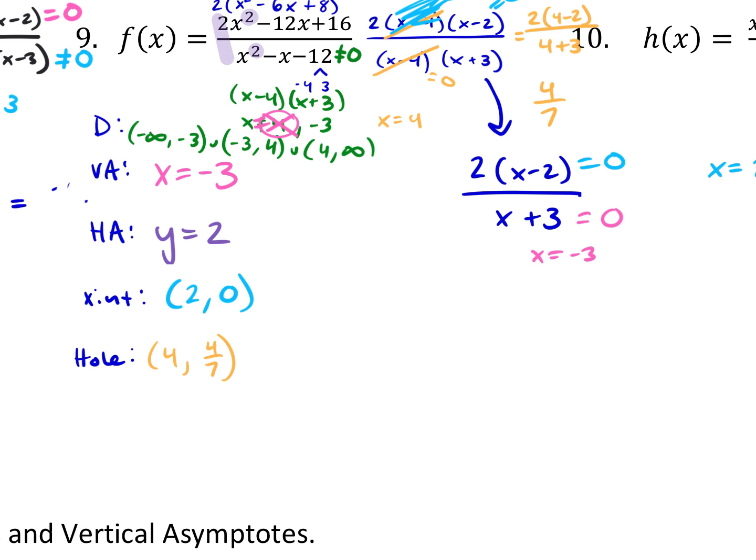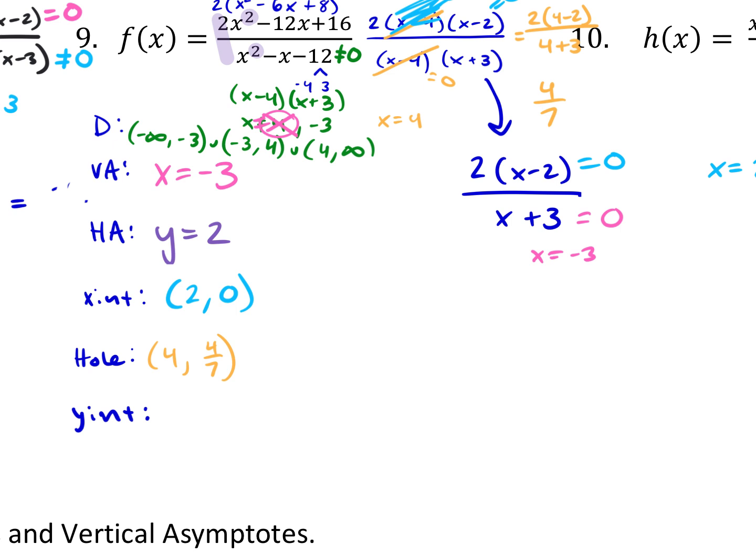And just for fun, let's find our y-intercept. What would we do to find the y-intercept? We plug in 0 into the x's. You'll get the same answer whether you plug it into the original or the new one. It doesn't matter. I would just recommend the new one because the math is going to be easier. But when you're plugging in 0 into the x's, the x's just go away, so you're just left with the constants.